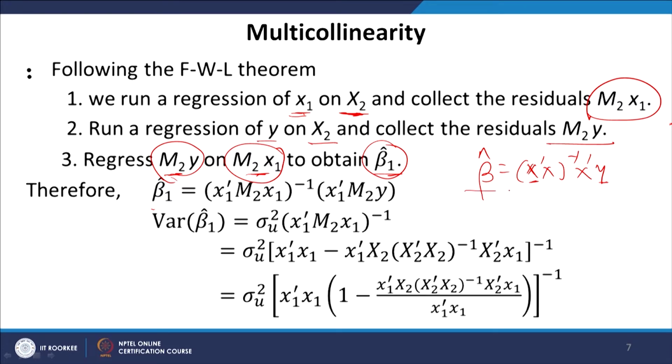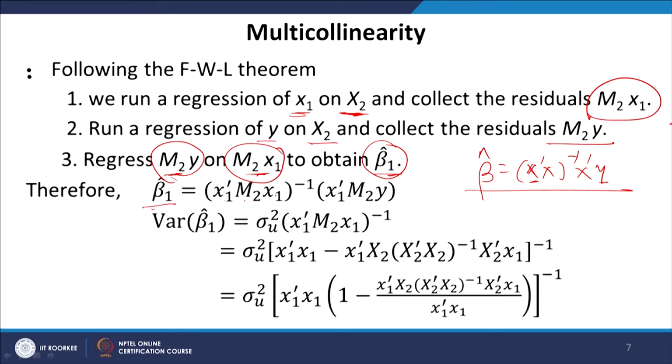In a similar fashion, when I estimate beta 1 hat, x prime x inverse will be replaced with M2 x1 prime M2 x1, which is x1 prime M2 x1 whole inverse, multiplied by x1 prime M2 y.